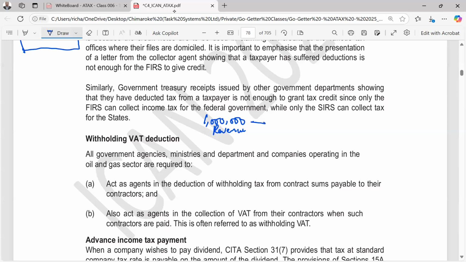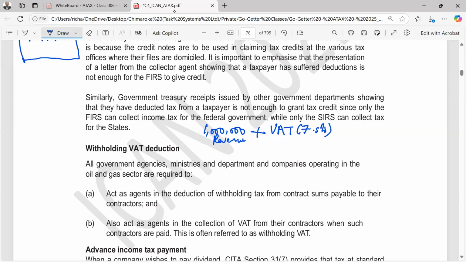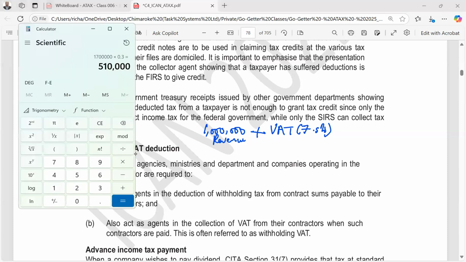You then decide to add VAT, which is 7.5%. So what is 7.5% of 1 million? Let's calculate. 1 million times 7.5 divided by 100. That will give you 75,000.